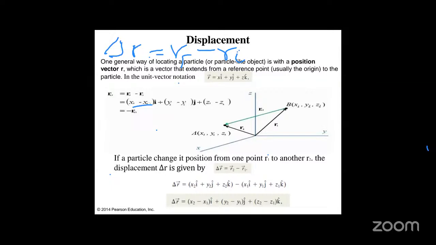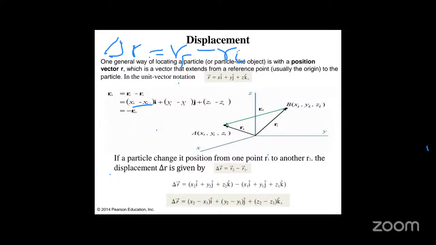So that is what you find here written. x2 minus x1, where x2 represents x final and x1 represents x initial. That is the i component vector on the x-axis, plus y final minus y initial, j component, plus z final minus z initial, k component.